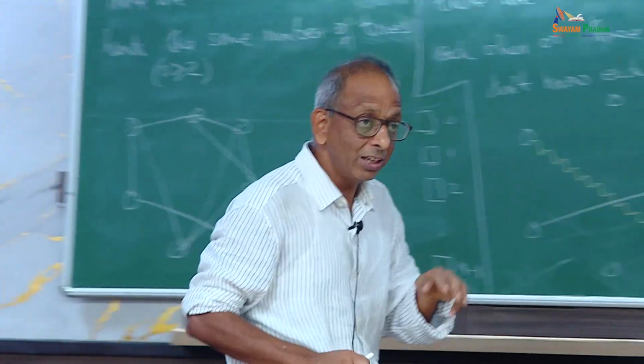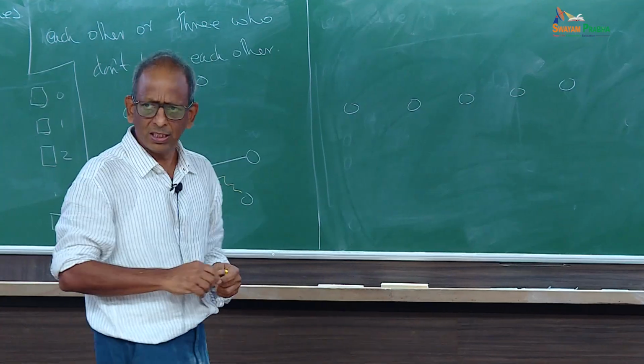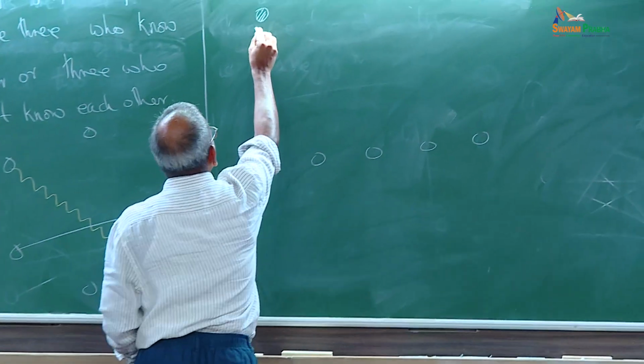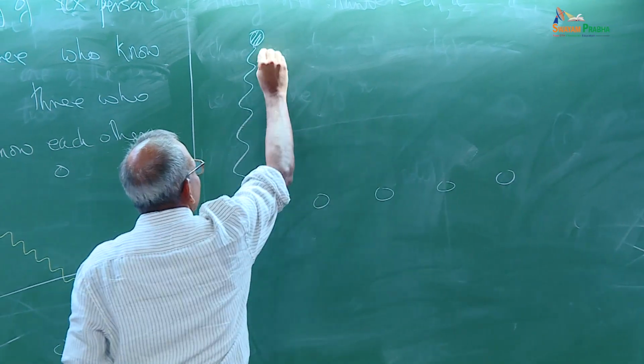At this point, okay, what does the pigeonhole principle tell us? This vertex has 5 edges. Each of them is either wavy or solid. Then there must be 3 that are wavy or 3 that are solid, okay? So let's consider the case where 3 of them are wavy.